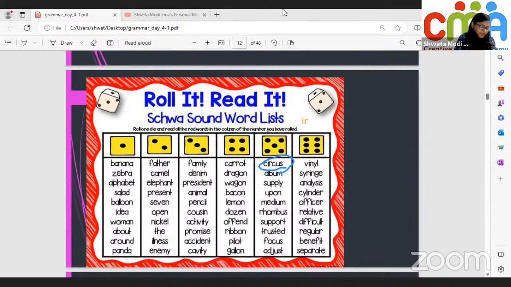Okay, so roll the dice, Varsha. Let's take another word. Can you type the number?